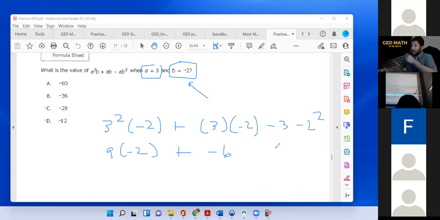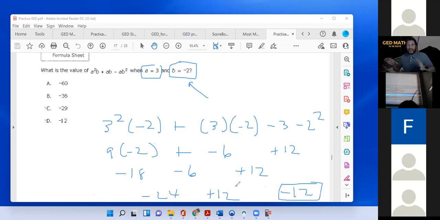Okay, so we get a positive 12. So we get minus 18 minus 6 plus 12. You get minus 24 plus 12, and then negative 12. This is the mistake most people make. And this is why on the GED exam, one of your values is going to be negative.